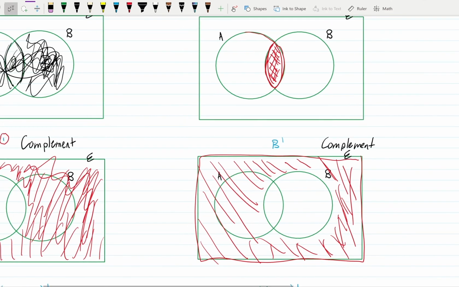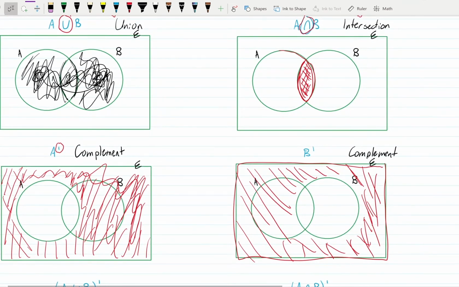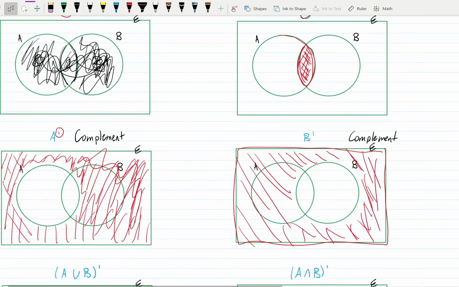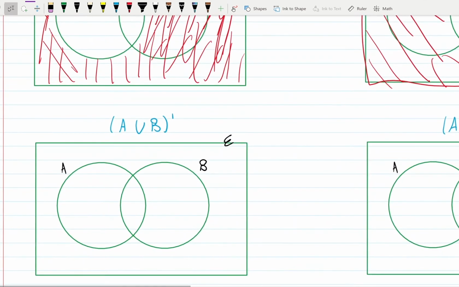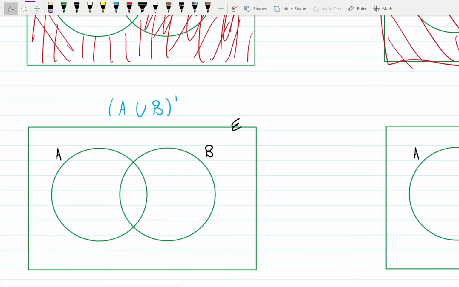So let's look at examples that combine these. So let's look at these two examples here. So this first example has A union B, and then we have a complement here. So basically how we would read this, as A union B complement.